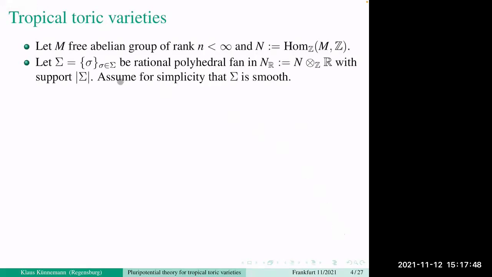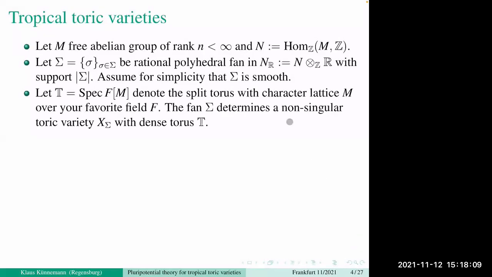So we have the usual setup of toric geometry. We have a free abelian group of rank n, and we look at the dual lattice. Then we have a rational polyhedral fan in the associated vector space, and we denote the support like this. For simplicity, we will assume that our fan is smooth.